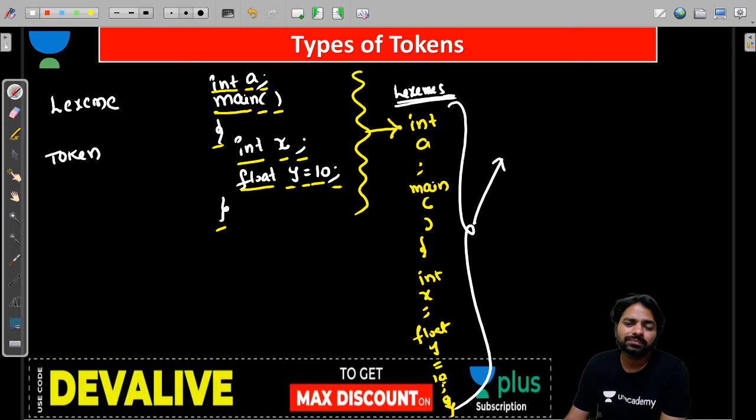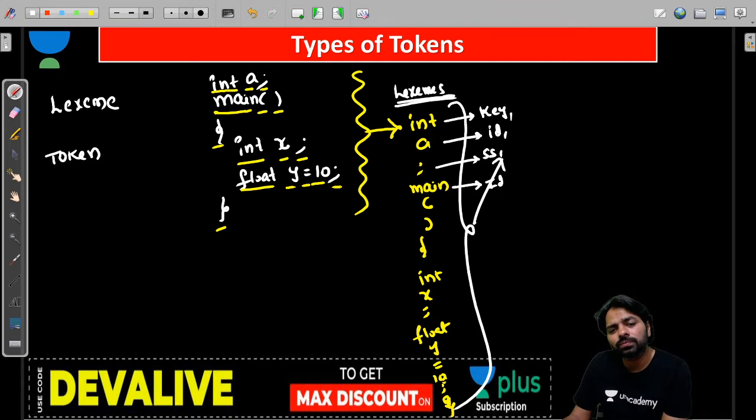Like int, internally it may be some other name like key1, a could be id1, semicolon, a special symbol, is ss1, and main is id2, and open parenthesis special symbol 2, and special symbol 3, and special symbol 4.